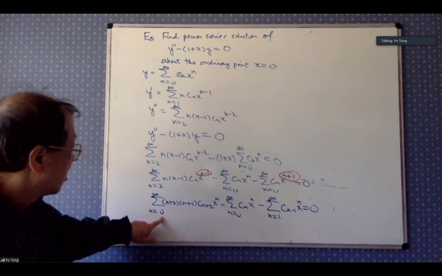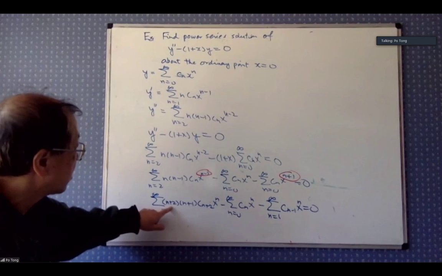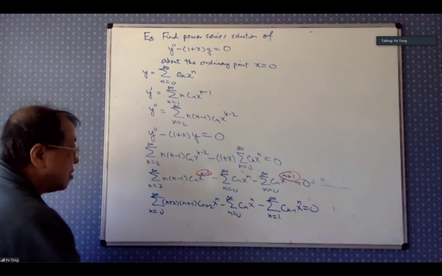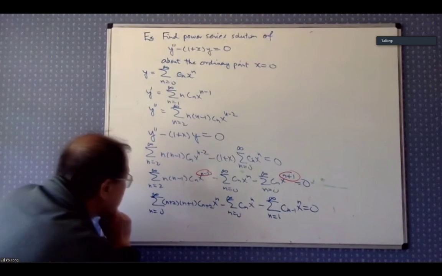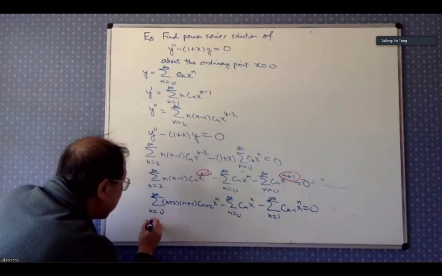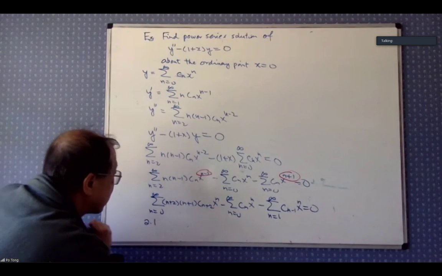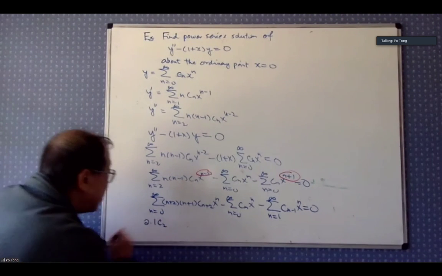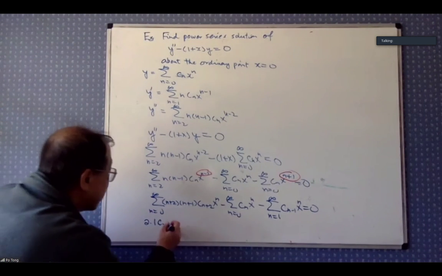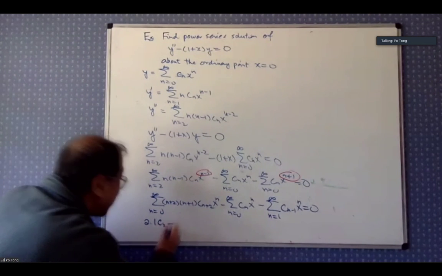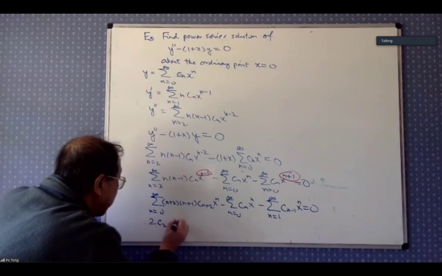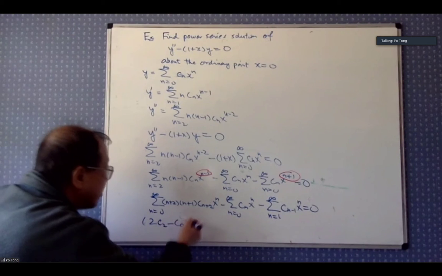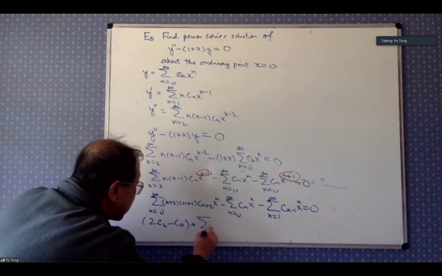When n equal to 0, this one will be 2 times 1, C2, minus this one with n equal to 0, C0. So it's basically 2C2 minus C0. That will be the constant term, plus all the other ones.